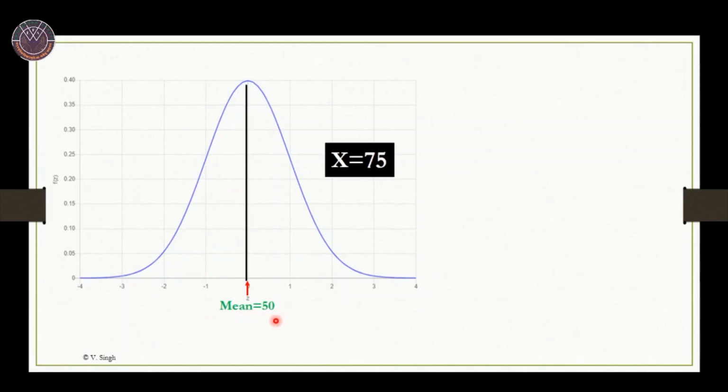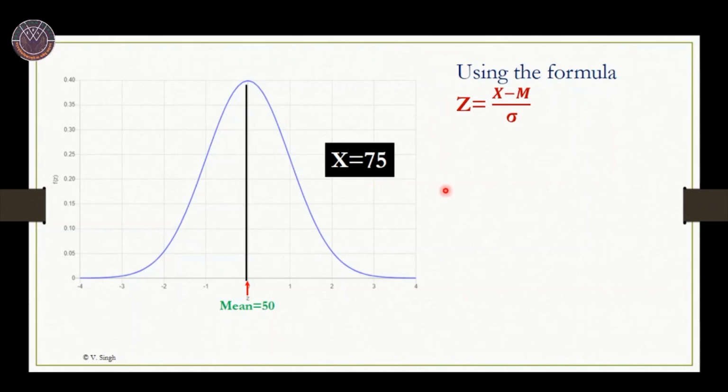So definitely Ravi's score, 75, lies on the right hand side, because the mean score is 50 and his individual score is 75. Now we will use the Z score formula.